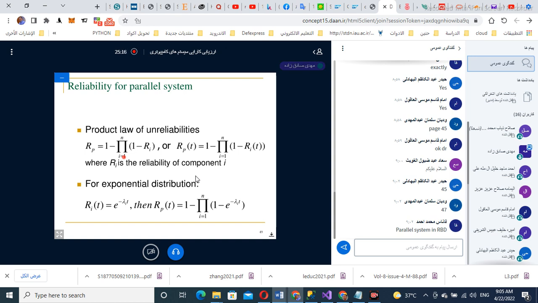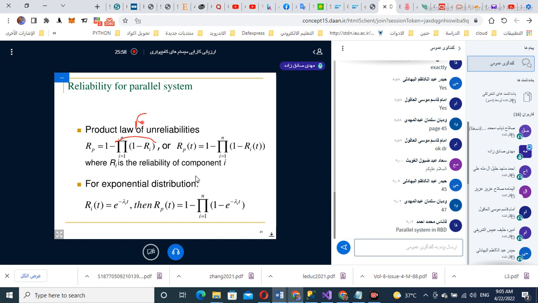Because when all components fail, the system fails. The failure of the first is 1 minus R1, failure of the second is 1 minus R2, until failure of the nth, 1 minus Rn. That is the failure of the parallel system, all failing. 1 minus failure is the reliability.